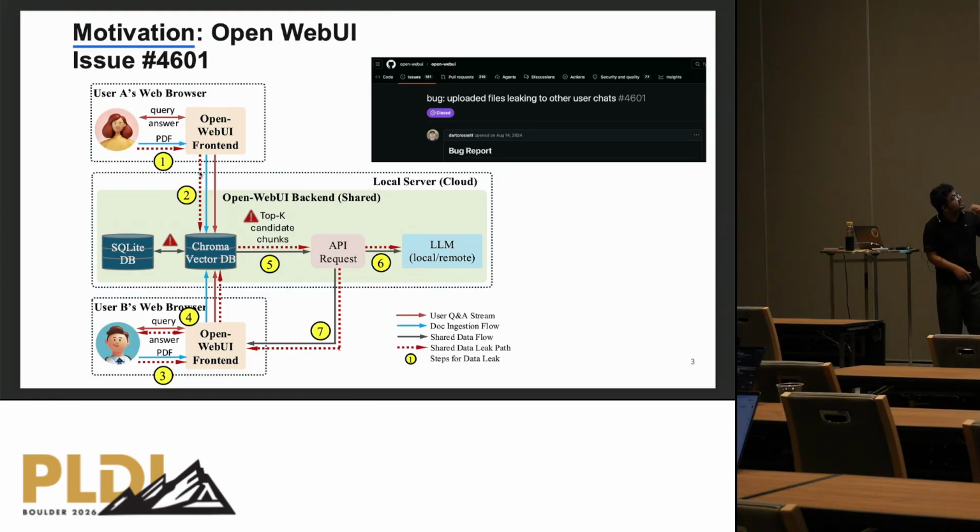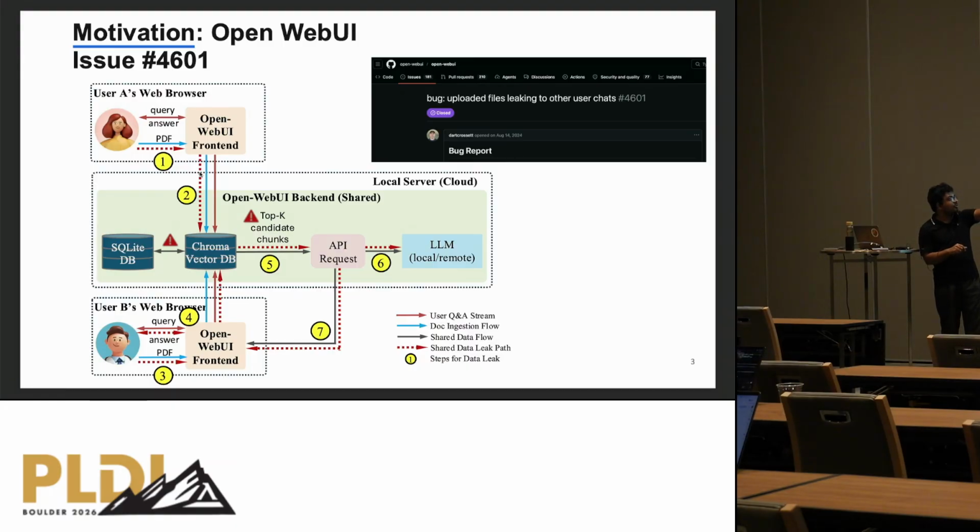In OpenWebUI, the story starts here actually. We have found a major bug that is responsible for leaking one user's data to another user's chat in a multi-user environment. When a team shares a single OpenWebUI instance, they have the same backend.